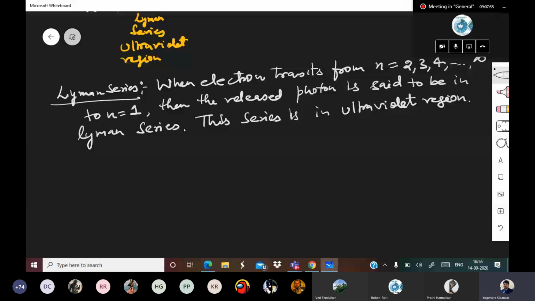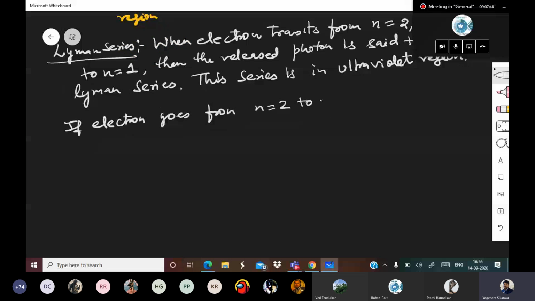All right, now pay attention. Suppose an electron goes from n is equal to 2 to n is equal to 1. So delta E is how much?